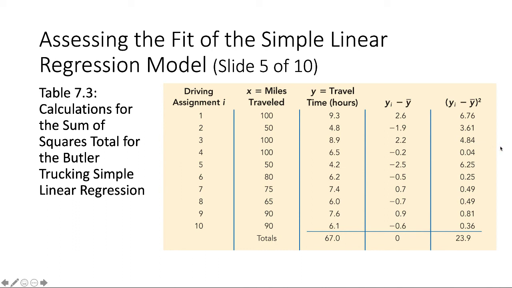For the ith driving assignment in the sample, the difference yi minus the mean of y provides a measure of error involved in using the mean of y to predict travel time for the ith driving assignment. The corresponding sum of squares is called the total sum of squares, denoted by SST. The sum at the bottom of the last column in this table is the total sum of squares for the trucking company example. So SST equals 23.9.